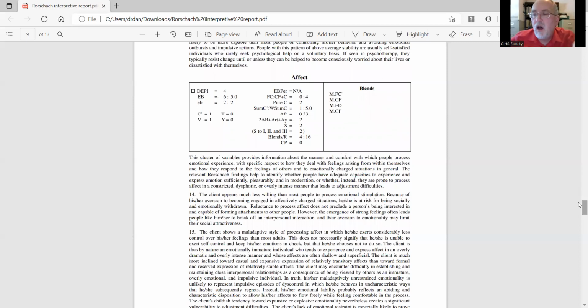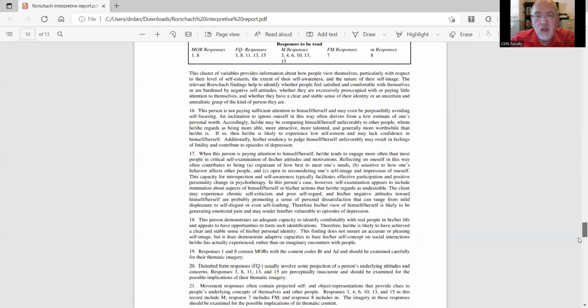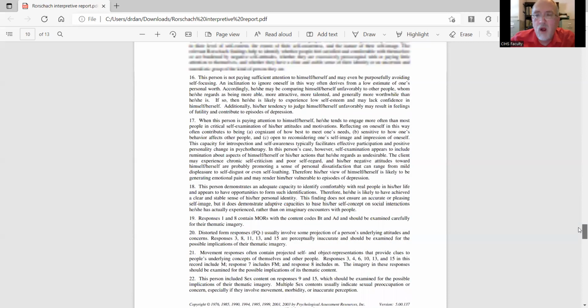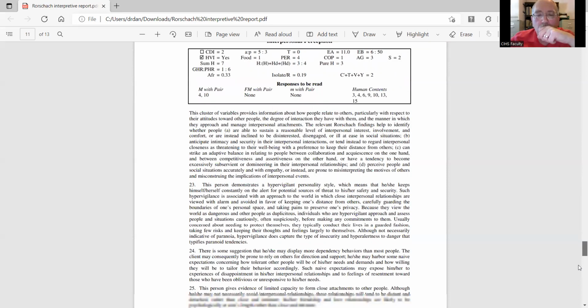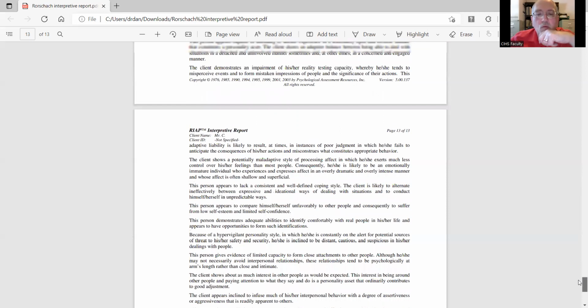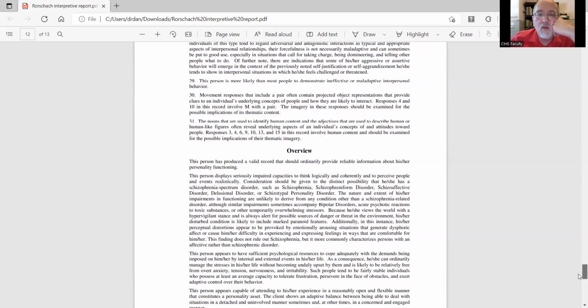Affect, how the person deals with emotional experiences. Self-perception, how the person views themselves. And then there's a cluster of scores for how the person views other people. And then here you get to the overview, where everything is kind of taken into account.